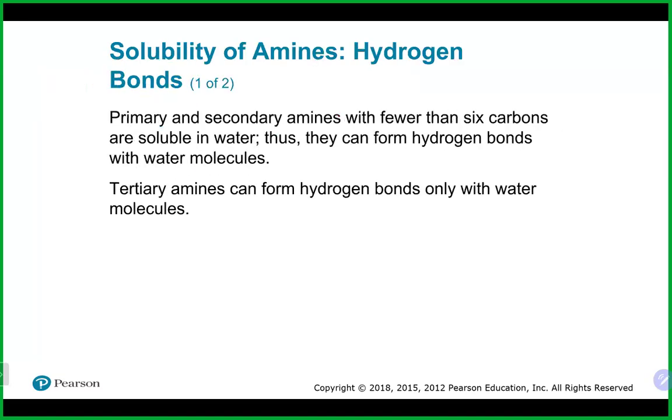Let's talk a little bit about solubility of amines. Primary and secondary amines with less than 6 carbons are typically soluble in water because they can easily form hydrogen bonding with water molecules. So remember, as I mentioned before, you've got your primary, secondary amine, and we have water, and we have negative, positive, kind of positive, negative, and we could do a little hydrogen bonding right there, and it's going to be able to interact well with water.